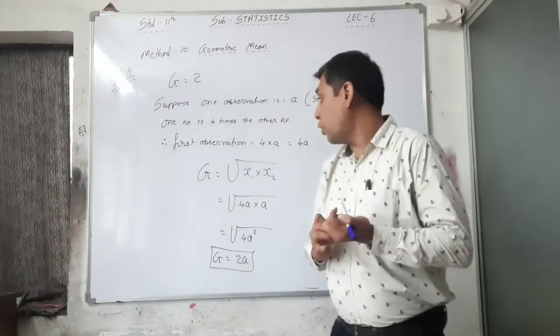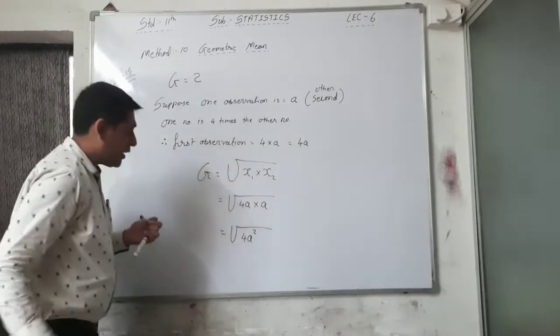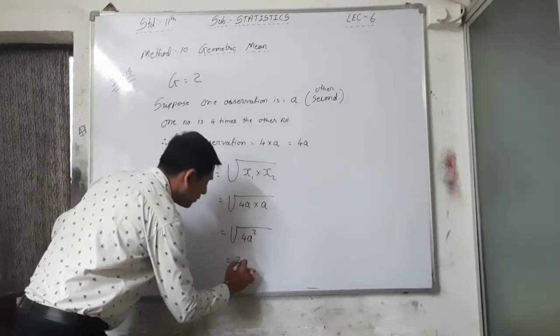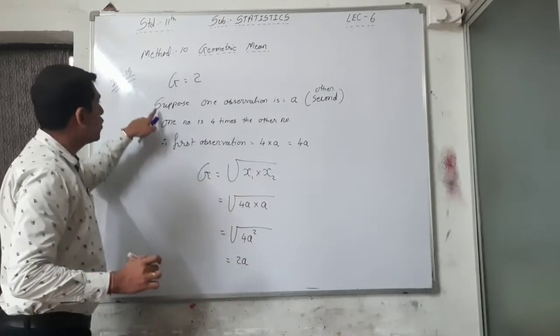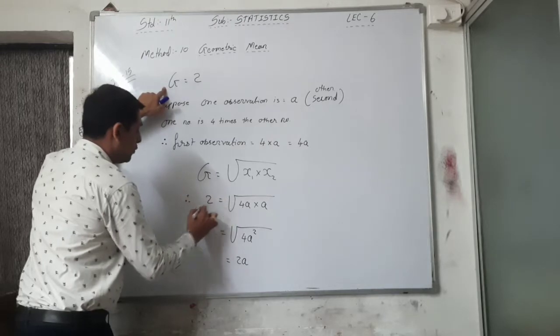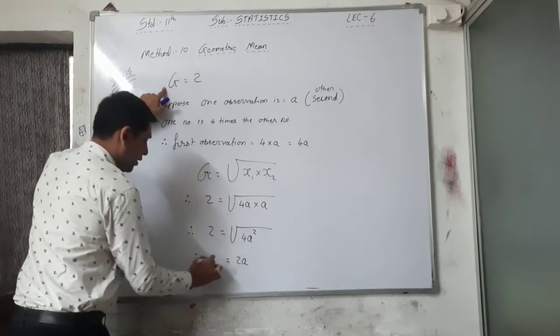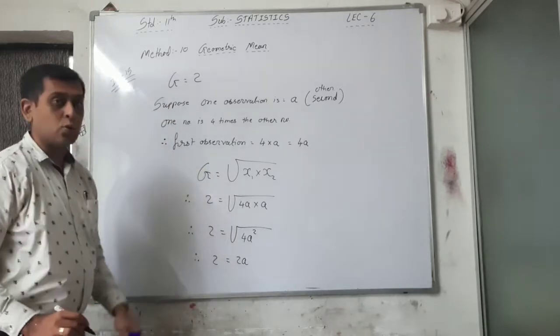And we know that the geometric mean G is equal to 2 is already given. So we write 2 is equal to 2A.